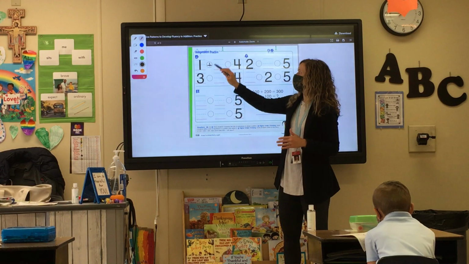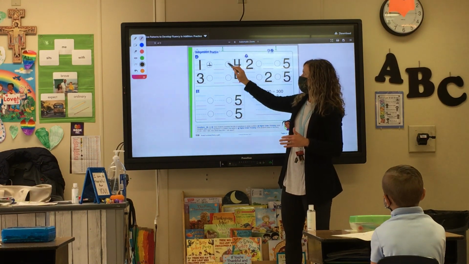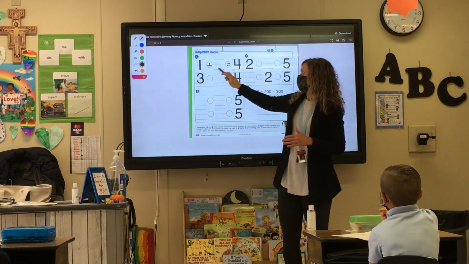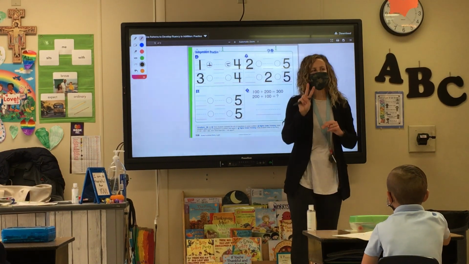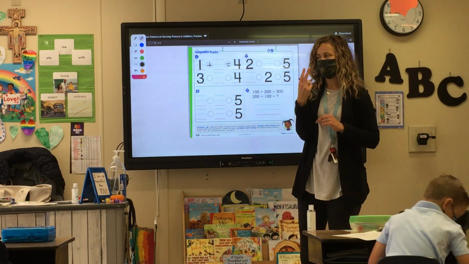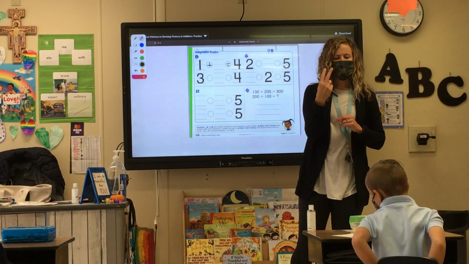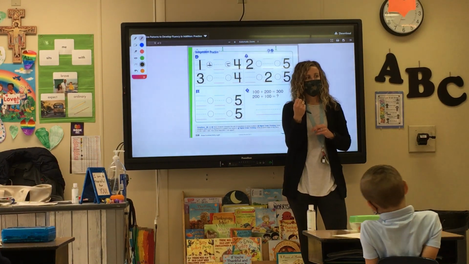All right, so it's 1 plus blank equals 4. Take a look at the bottom 2 here, and take a look at the top. Remember we talked about flipping the numbers, the order? Okay. What number do you think is going to go there, Riley? 3.